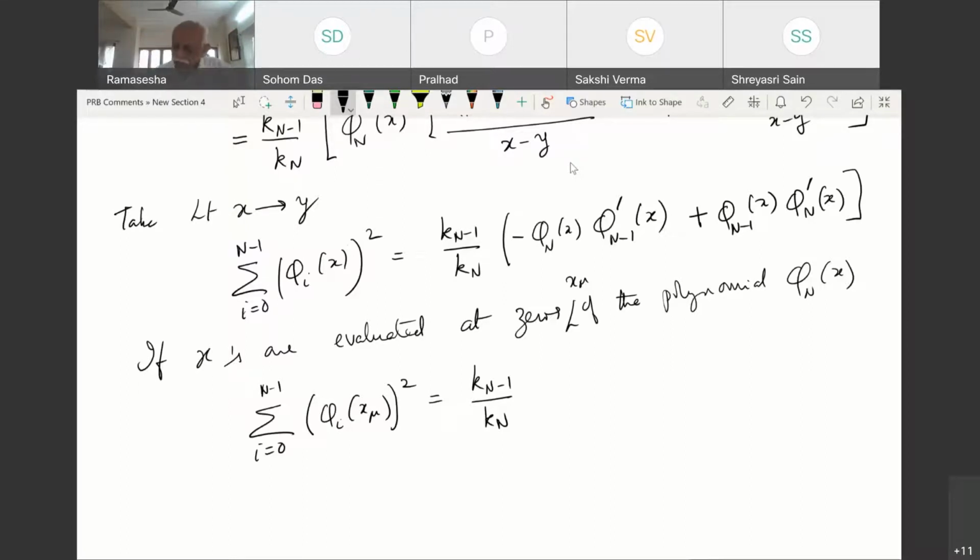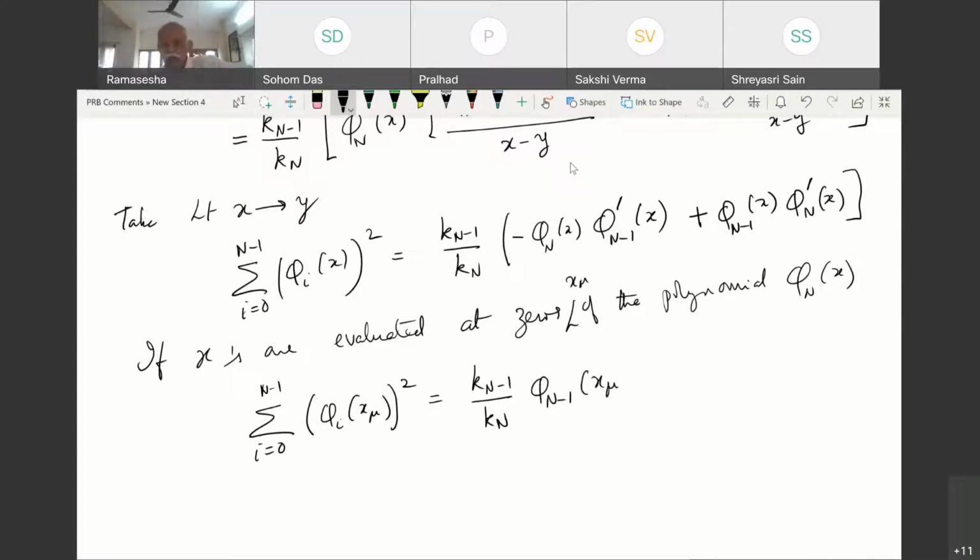So the first term goes to 0, only the second term remains. So I have phi_{n-1}(x_mu) phi_n'(x_mu).